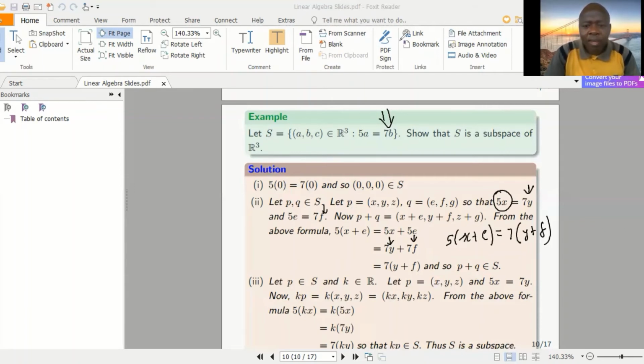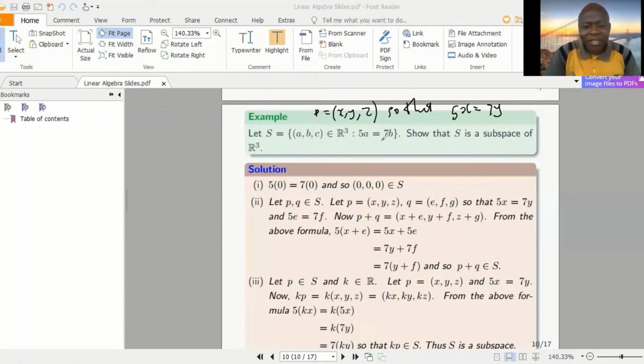Let's go to the third property and see whether it will also be satisfied. So I pick one vector from S, and I want to choose P. This P, I've said, will be (x, y), so that 5 times x would be 7 times y.